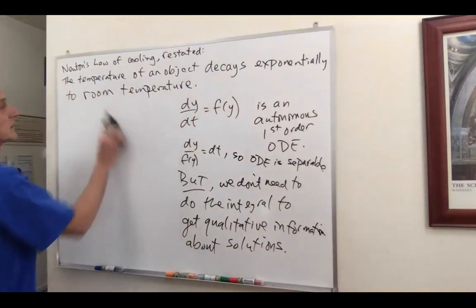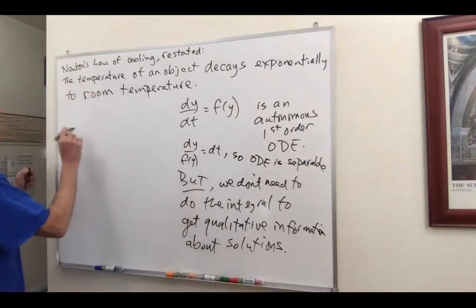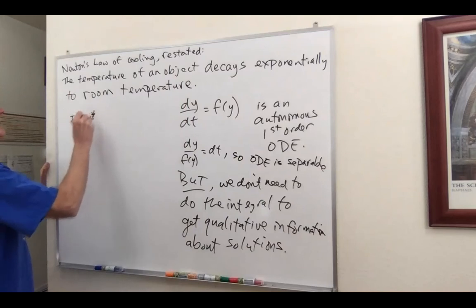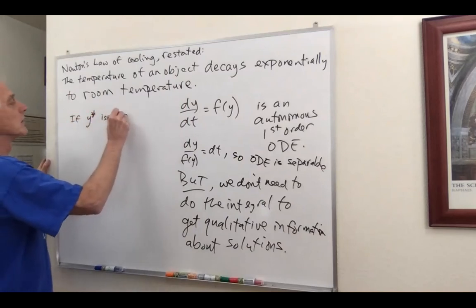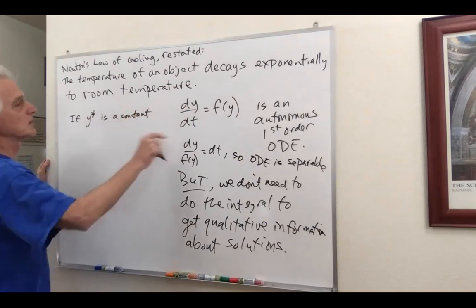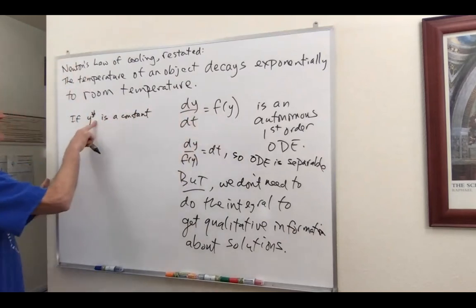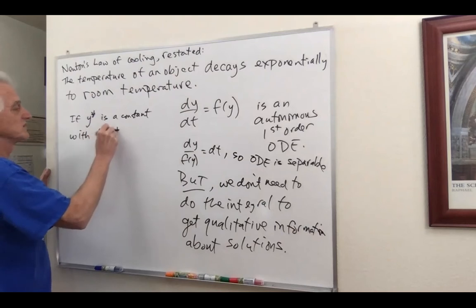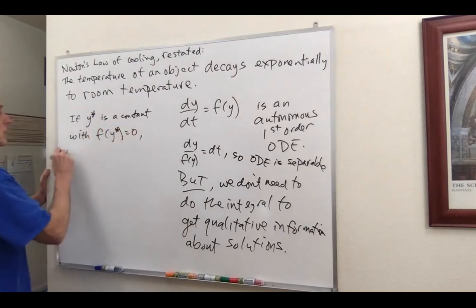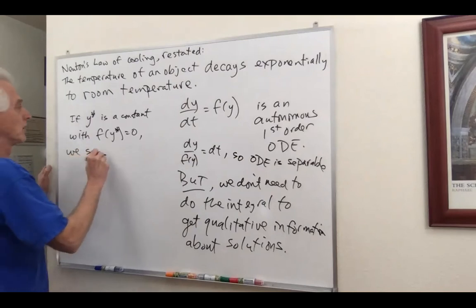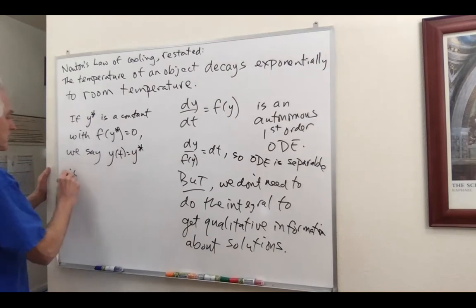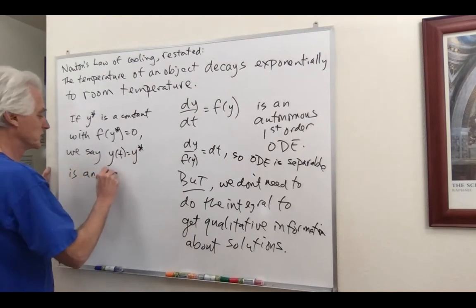The first thing when you have something like this is the equilibrium solution. So if y of t is a function, this y star is a constant with f of y star equals 0. Then we say that y of t equals y star is an equilibrium solution.